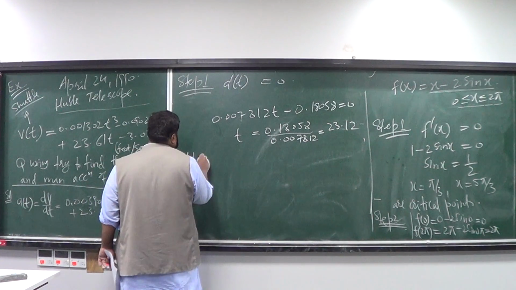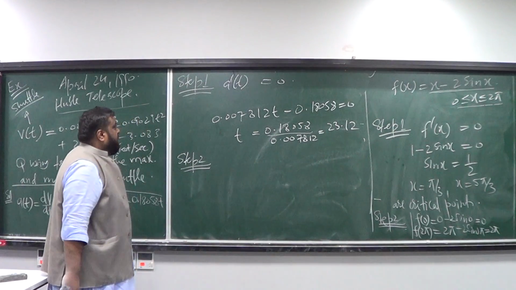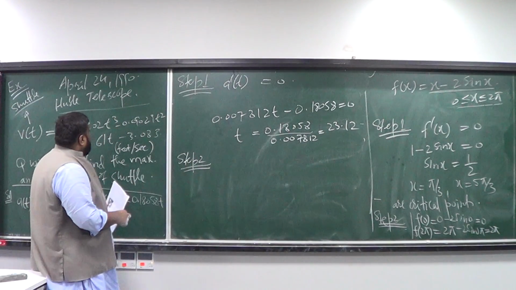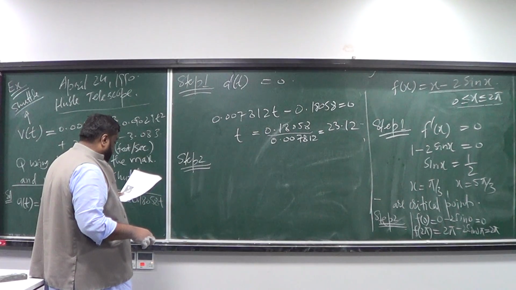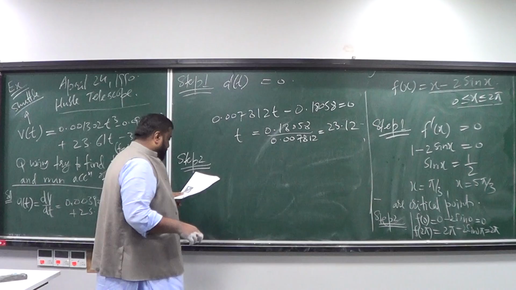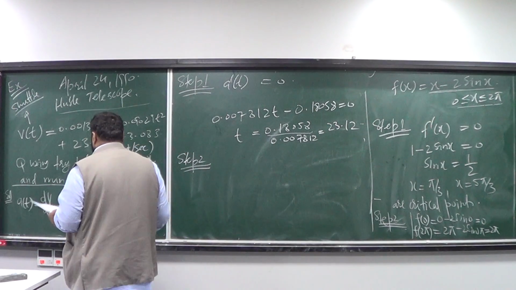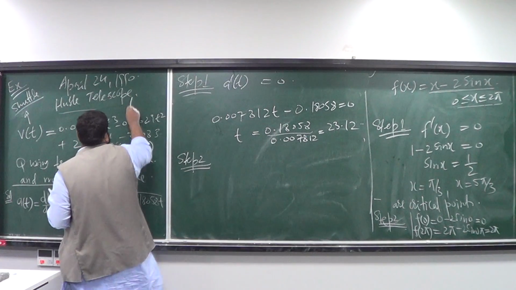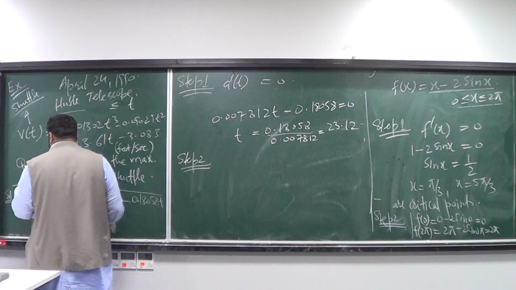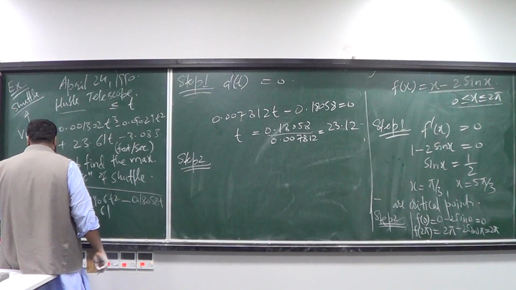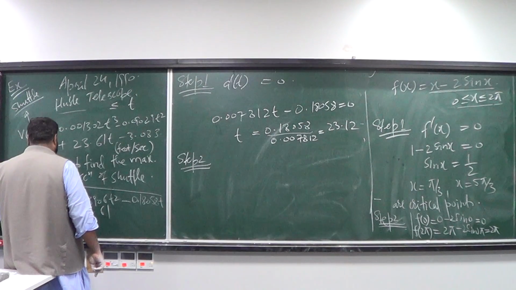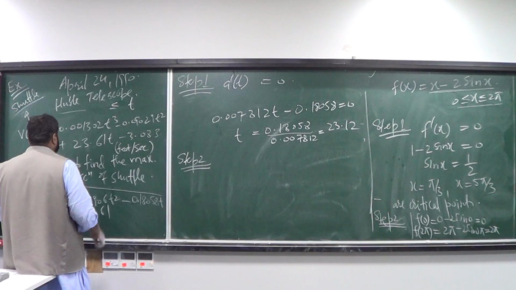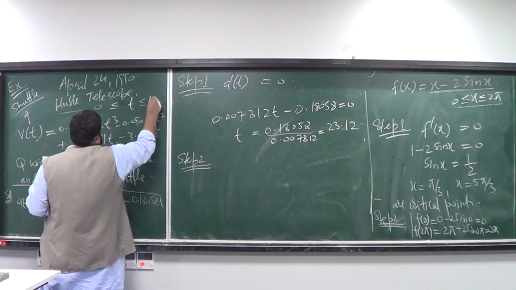What is step 2? Step 2 is to compute the value of the acceleration at the endpoints. I forgot to mention that the time for the shuttle to get accelerated, or the t, is between 0 and 126 seconds.